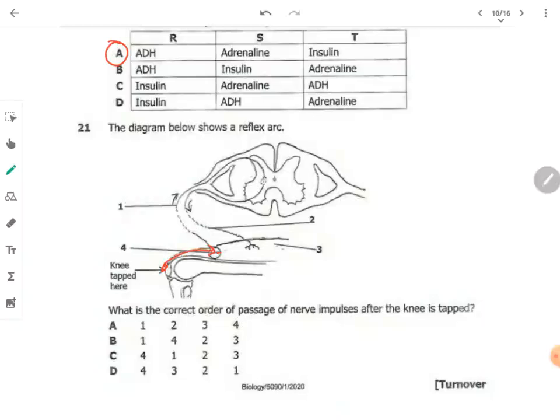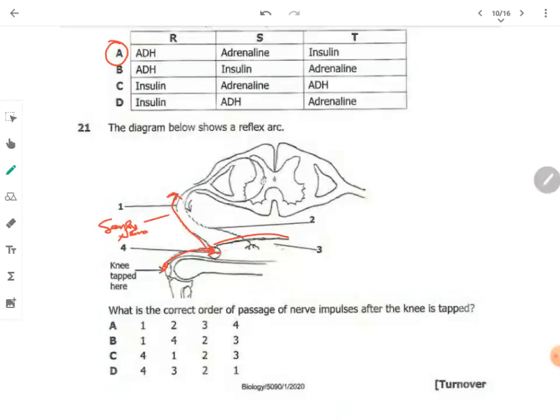Then from 4, there's something here, and there's also something this side. So it will move this side to R. This is the sensory neuron.